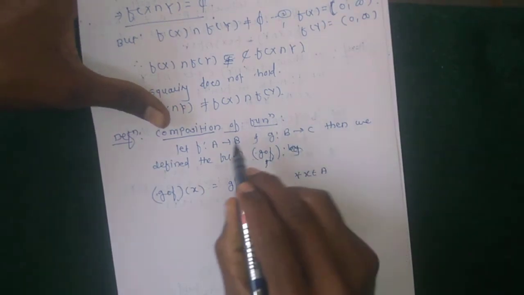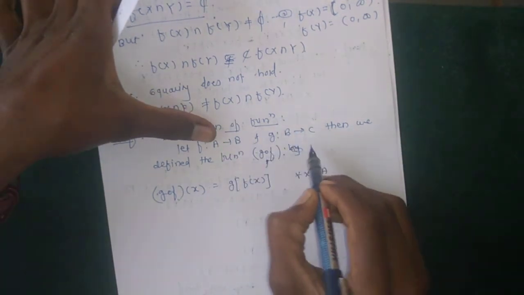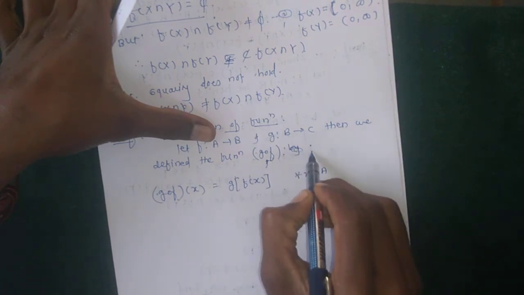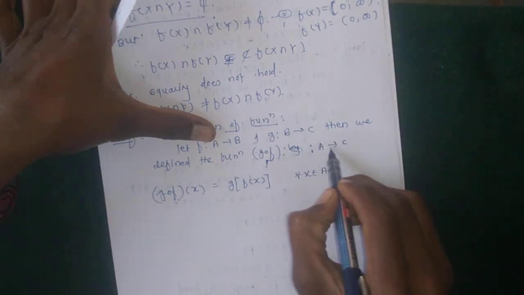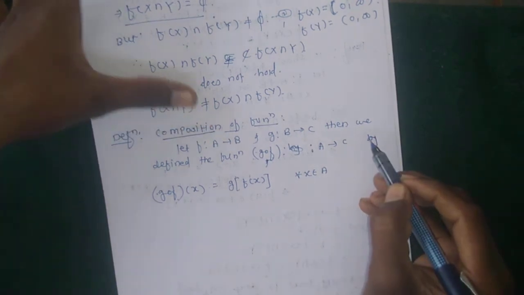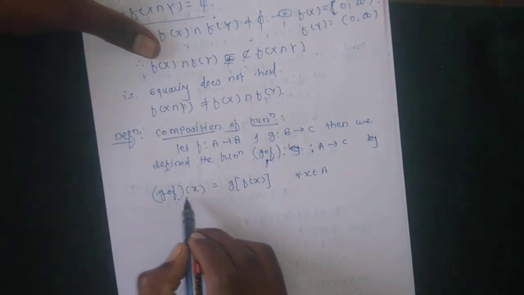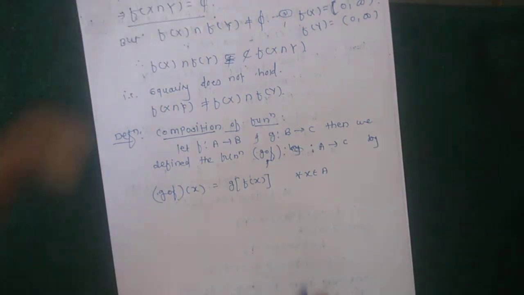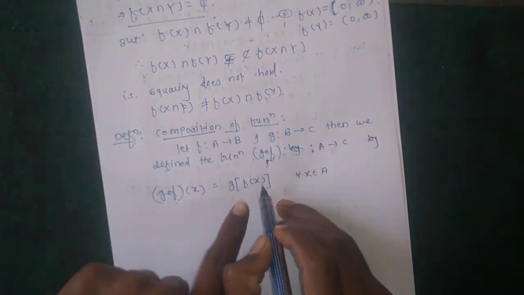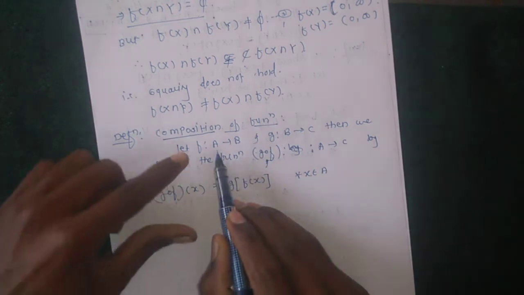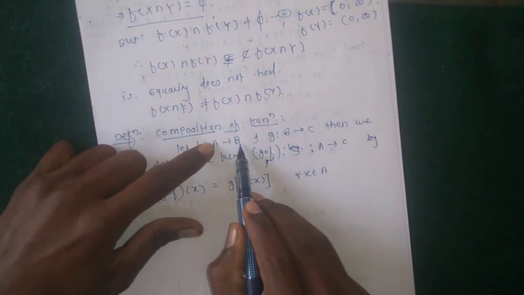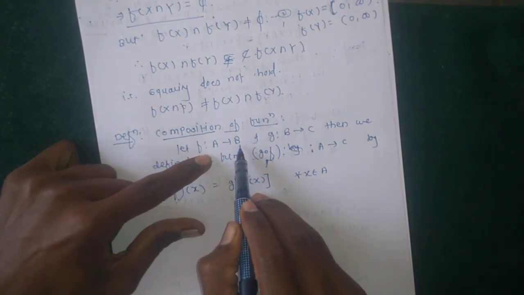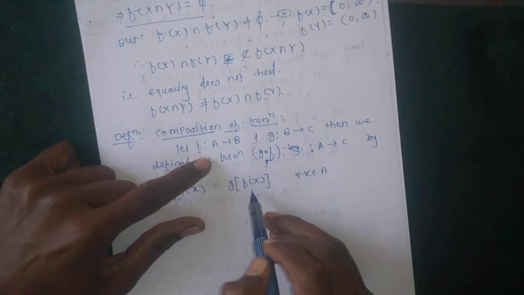goes from A to B, then B to C, which means g composition f is from A to C, with (g∘f)(x) = g(f(x)). How is it defined? Firstly we apply function f, which is a function from A to B. The elements of B are the images of f, that is f(x).